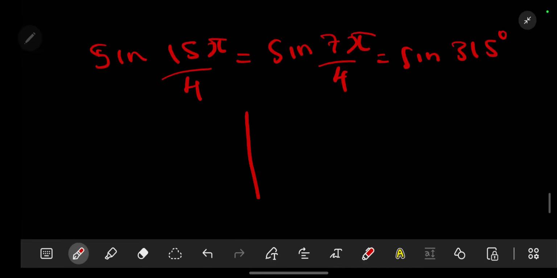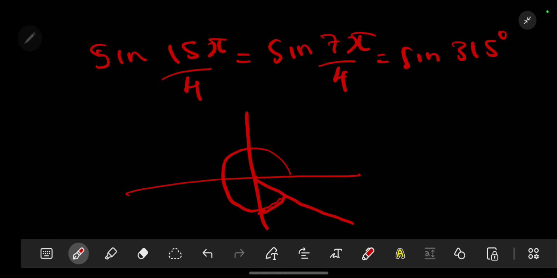So we have 270 here. From 270 moving a bit like that, we are going to have 315, which will be here.